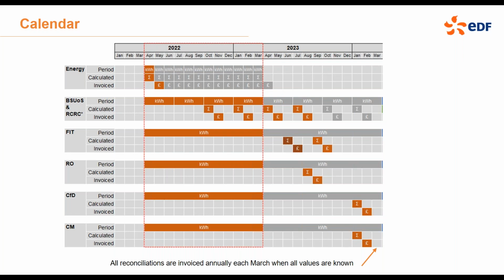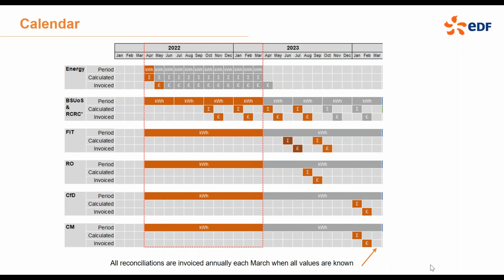It's obviously not operating yet, but when it does, it will receive a strike price of £92.50 a megawatt hour. So just to recap, for every megawatt hour produced, £92.50 will be paid for that production. If the market's paying £72.50, that will get topped up. If it's paying £112.50, there'll be £20 paid back, sorry, to get my maths right.